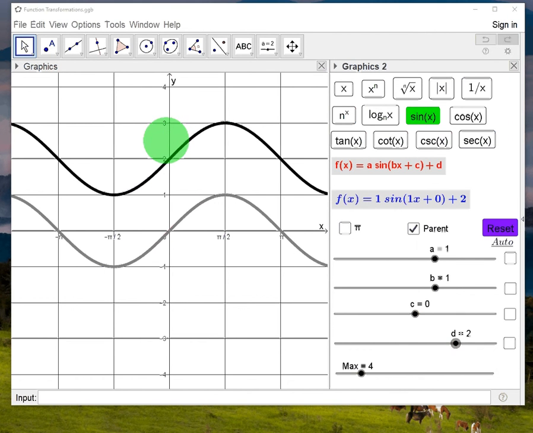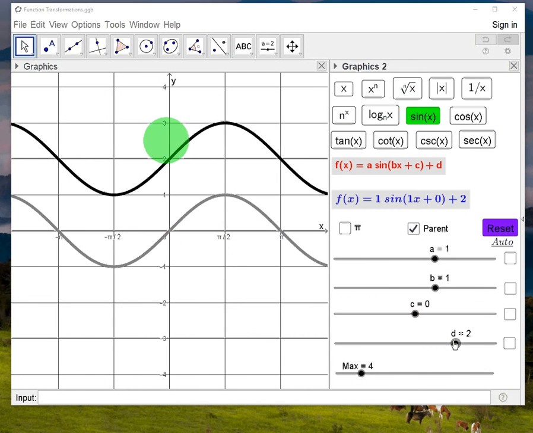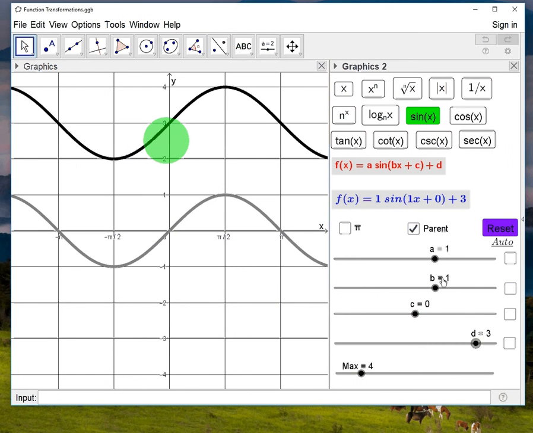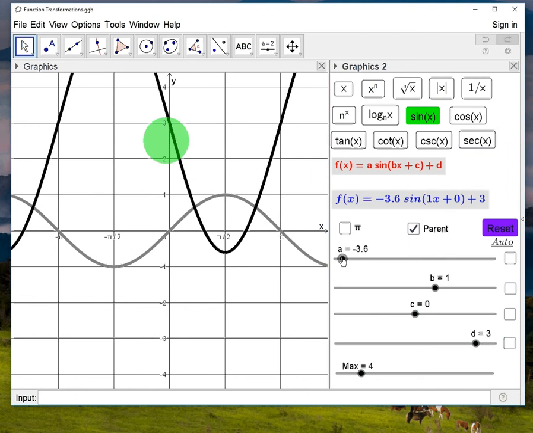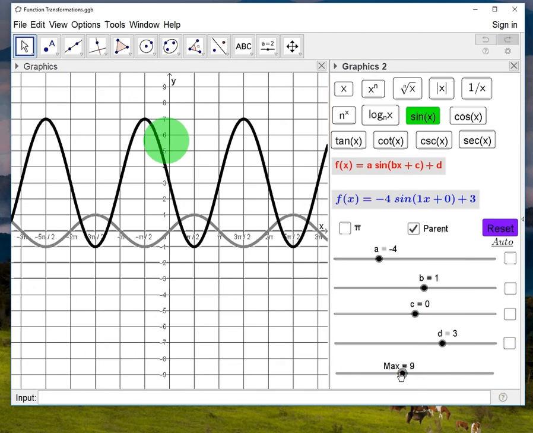Let's look at another example. Again, this is all visual for now. What if d is 3 and the a value is -4? So let's make d equal to 3. Let's make a equal to -4. Looks like we're going to have to zoom out some here. That'll work.